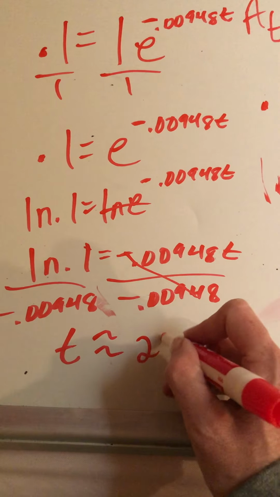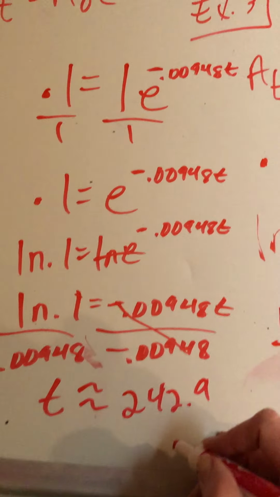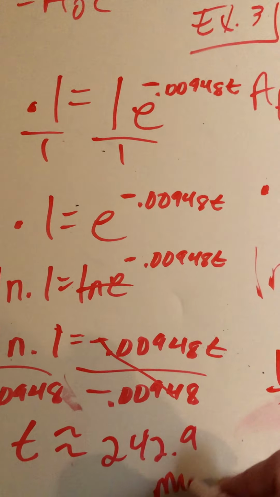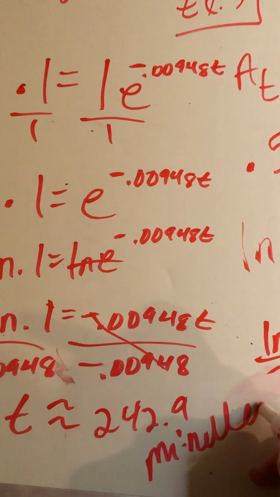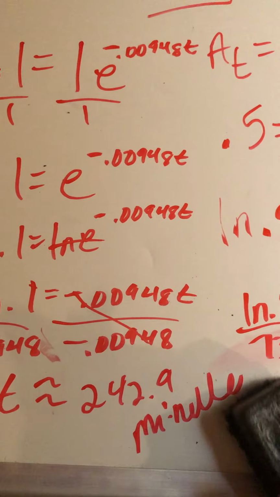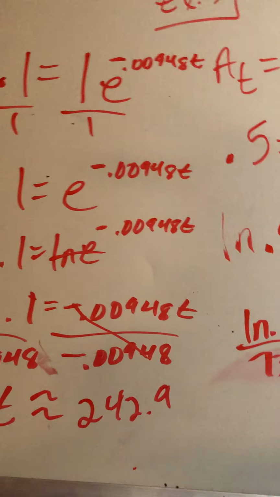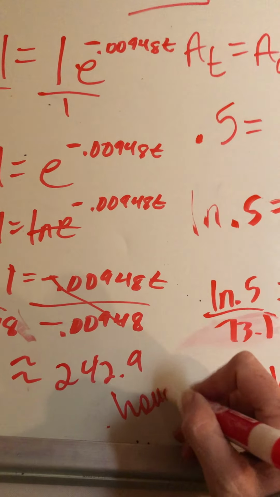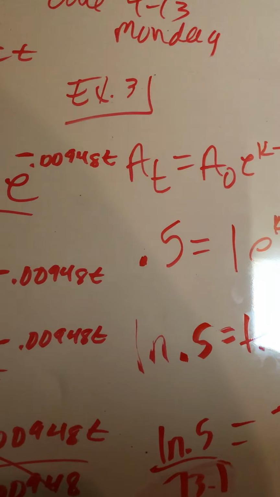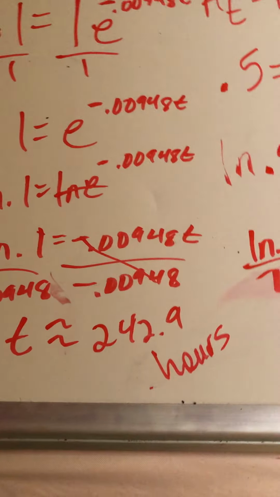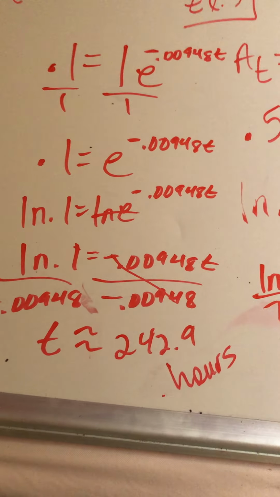And then you get 242.9. I think that's minutes. No, started out as hours because it was 73.1 hours. So it would take that many hours for 1 gram of thallium to go away, okay?